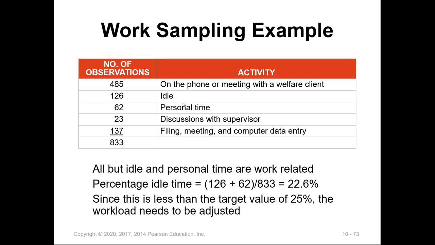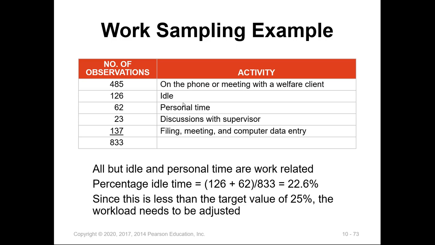So the observations were 833 within 2 weeks, covering different activities. The table in this slide shows the number of observations covering each activity. All but idle and personal time are work related.